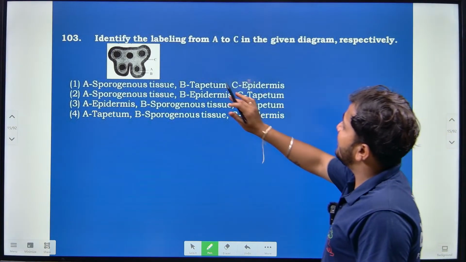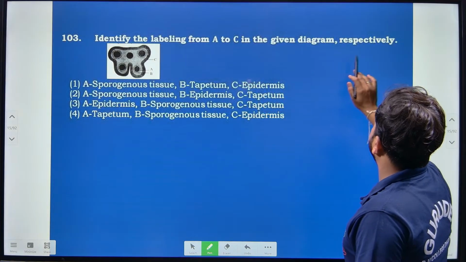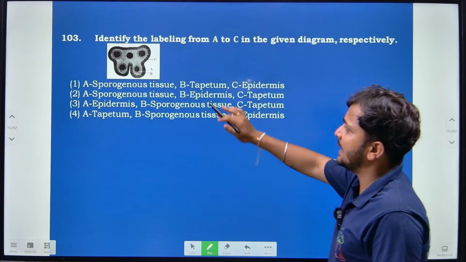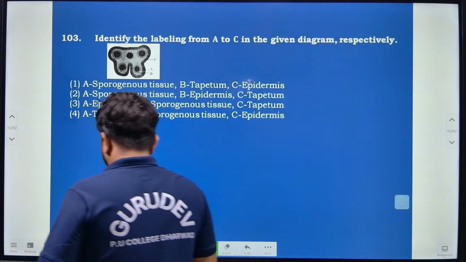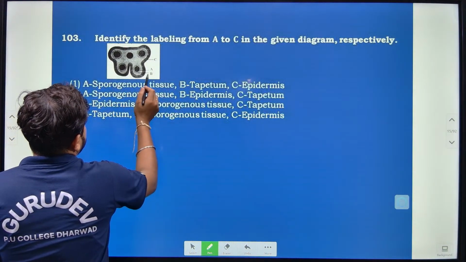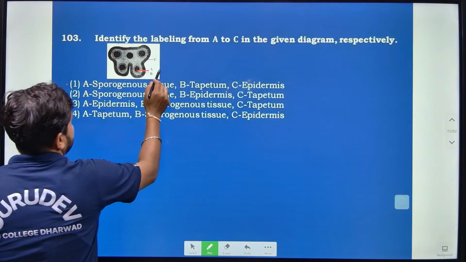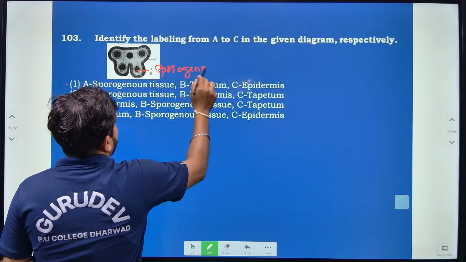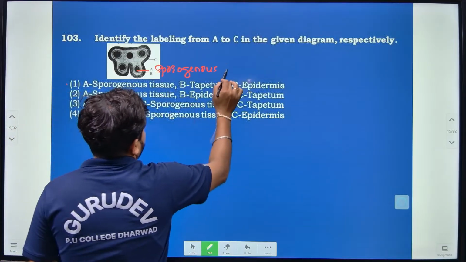Then identify labels A and C in the given diagram respectively. So A, B, C are what we have to label. The inner structure they have mentioned is the sporogenous tissue, which is surrounded by a layer called the tapetum.